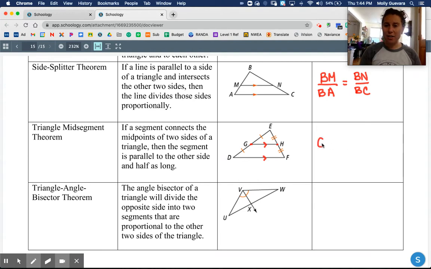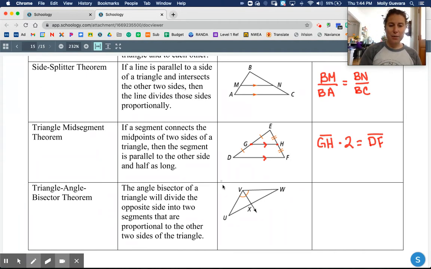So if I take GH, right, this length, GH, and I multiply it by 2, it gets me side DF. So it is half the length, right? GH times 2 gets me DF.